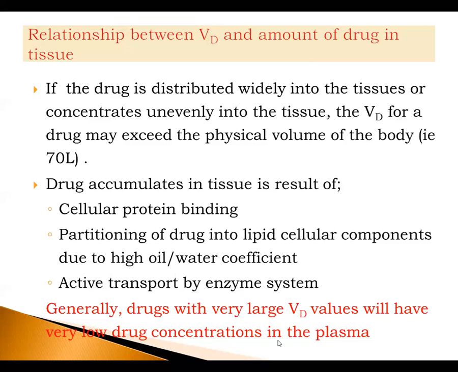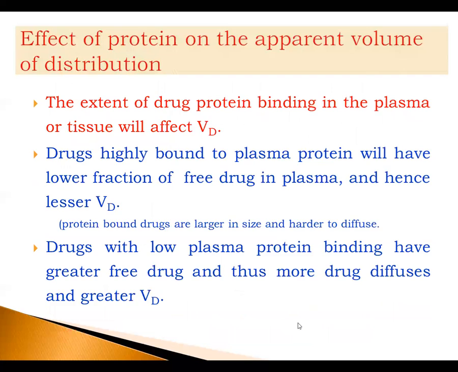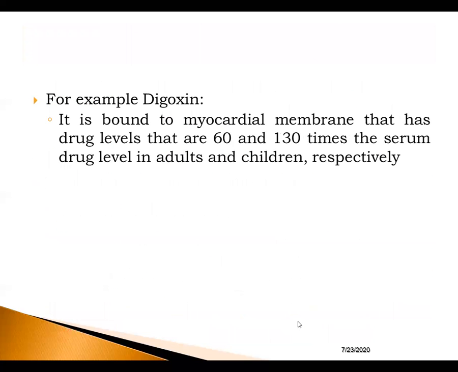So even in that case, because of metabolism, or because of the affinity of the drug towards the tissue, there is always a chance that the volume of distribution will be much higher than the normal value. Okay.